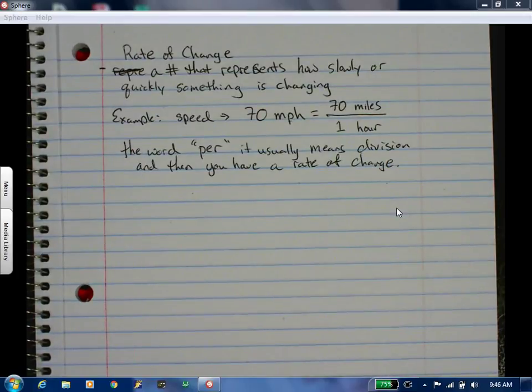So that's kind of your clue word if you have something per something else. Inches per second, miles per hour, gallons per minute, liters per second. Okay, those are all rates of change.